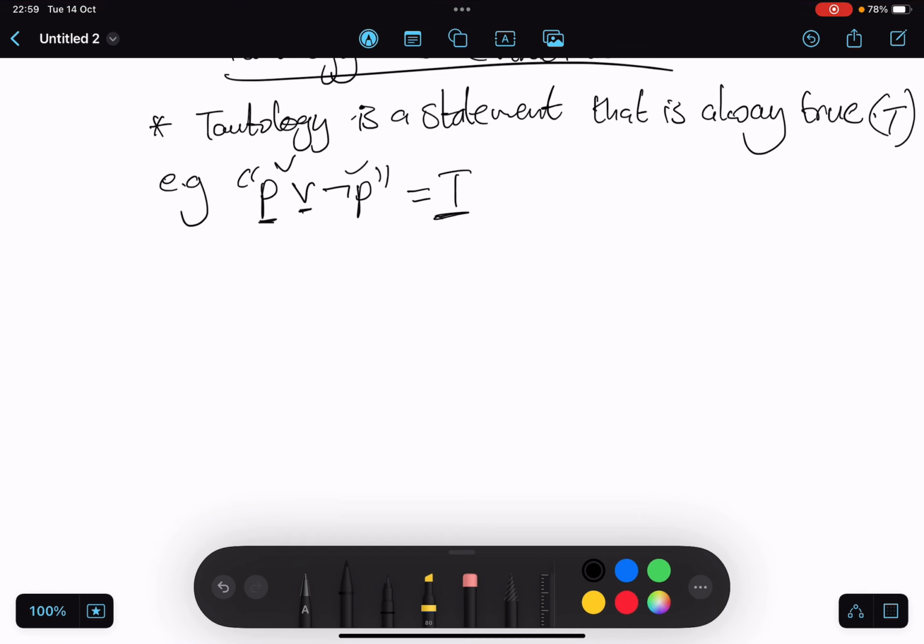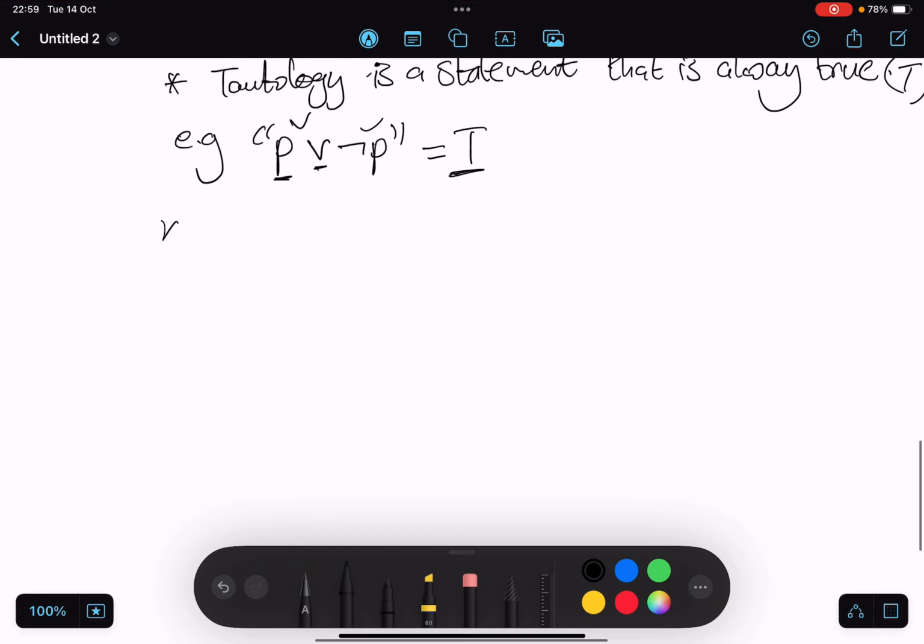And basically, when we are looking at tautology, we are saying it expresses a logical truth.